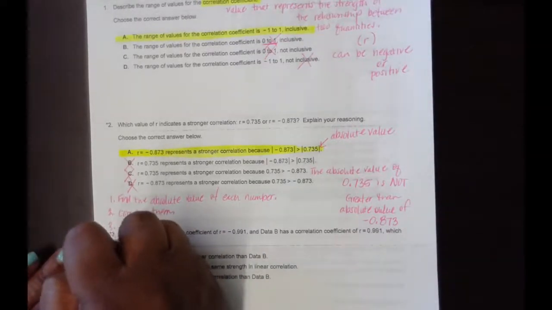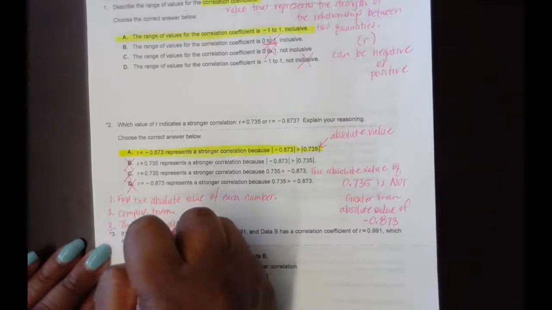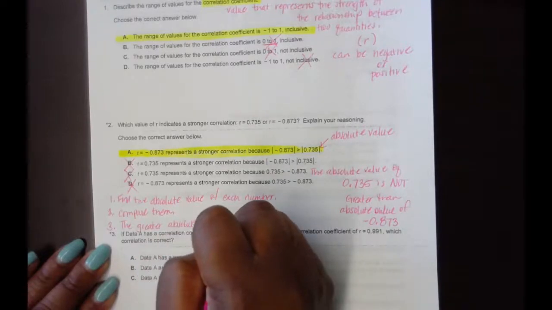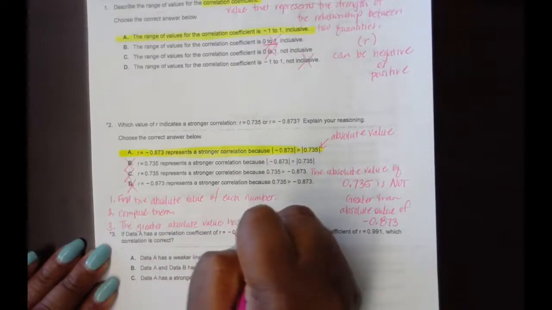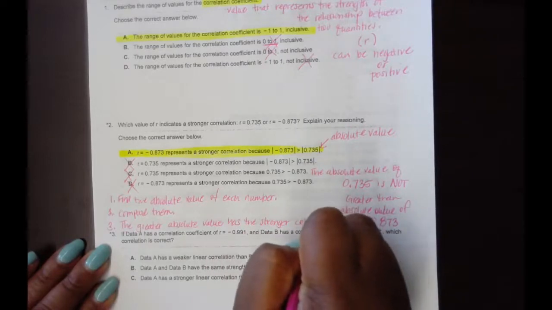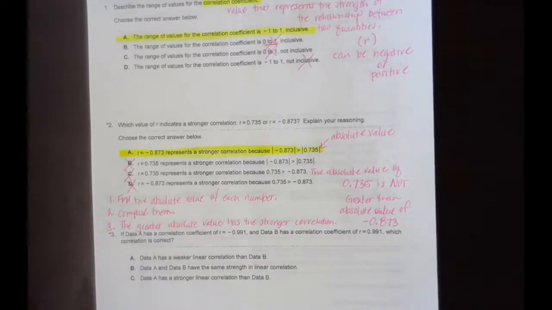The greater absolute value has the stronger correlation. Okay?